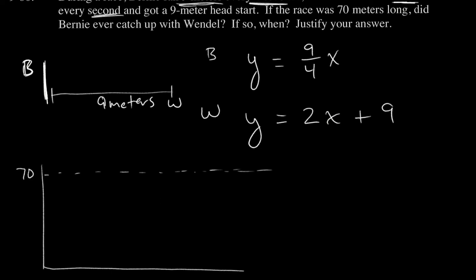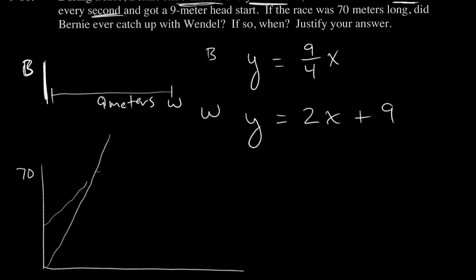So Bernie has a faster rate, and Wendell has a head start and a slower rate. But the thing I don't know is where the 70 meters is going to be. I don't know if they're going to meet before the 70 meters or after.